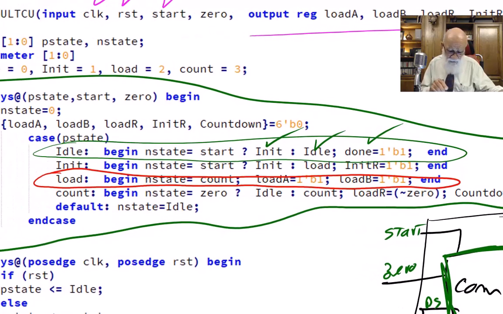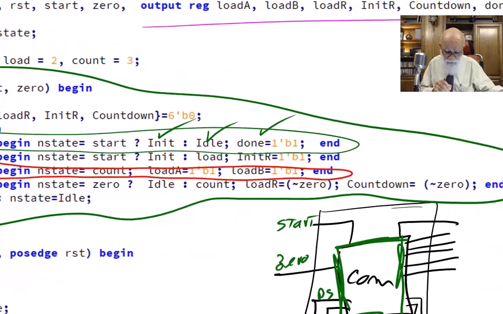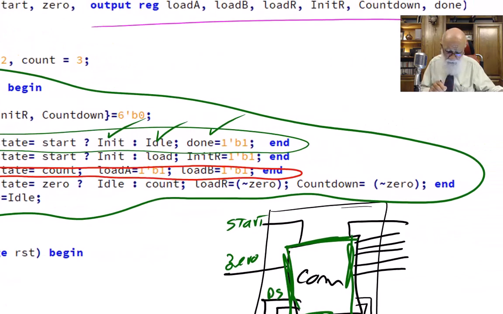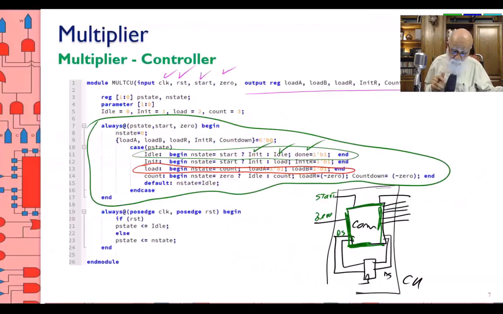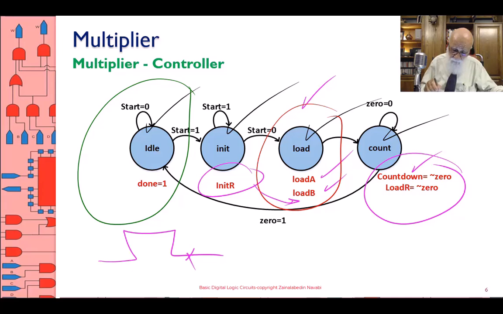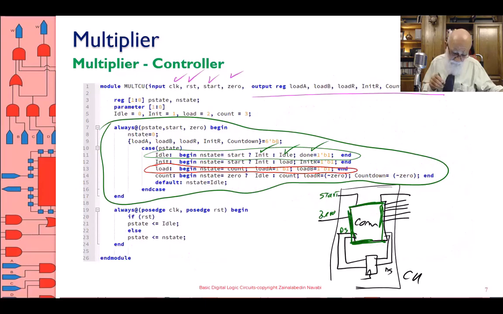And then finally, the count state is issuing load R and count down only if the 0 flag is 0, which means count down equal to tilde 0, which is what I have over here.